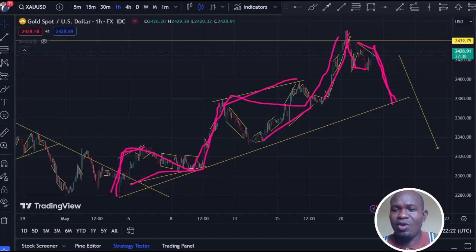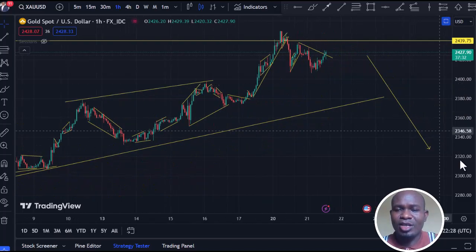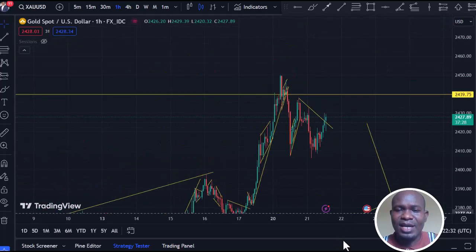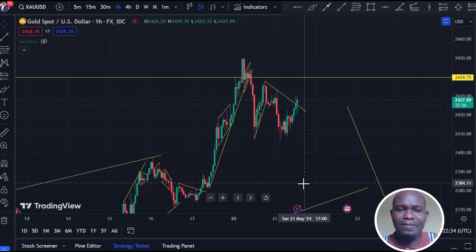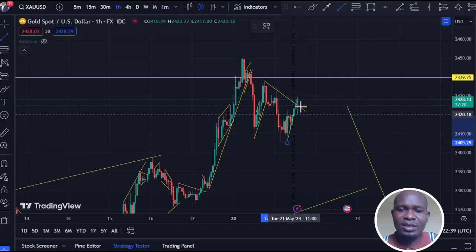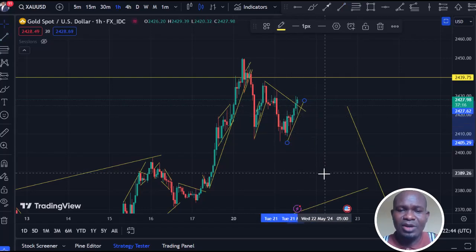So as a trader, you're expected to position yourself at this point, because here the market is making a flat, so at the break of this, you're expected to take a short trade downwards.